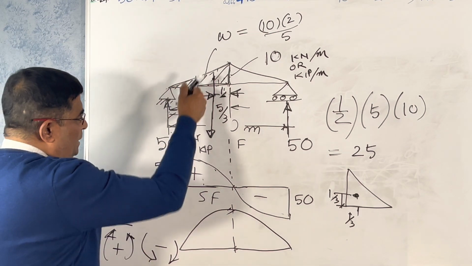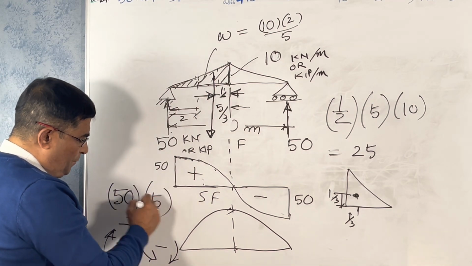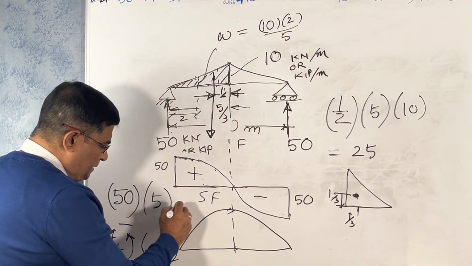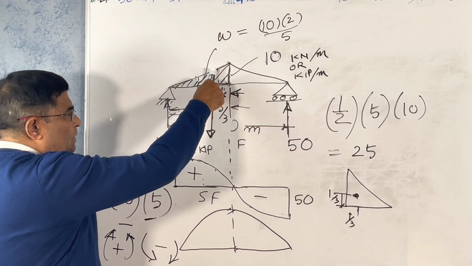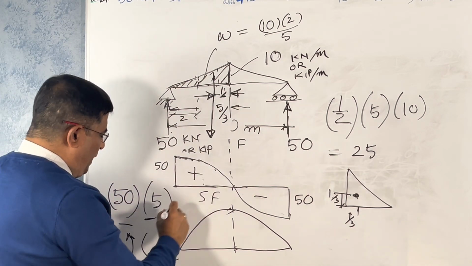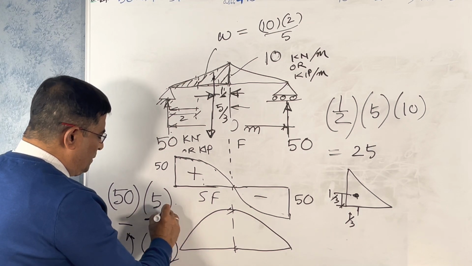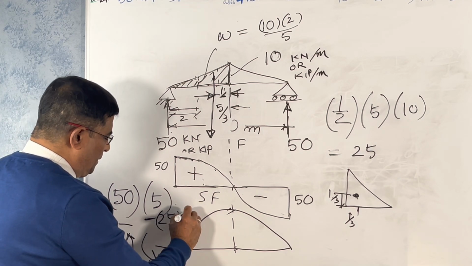So it is 50 times 5 minus the load, 25, times 5 upon 3.